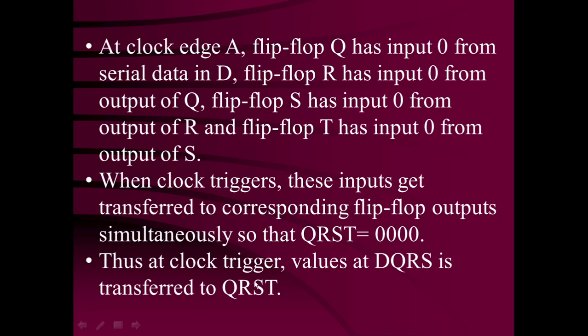Thus, at clock trigger, the values at DQRS, which were 000, are transferred to the corresponding flip-flop outputs. QRST becomes 0000. So whatever we have studied from the figure is explained here.